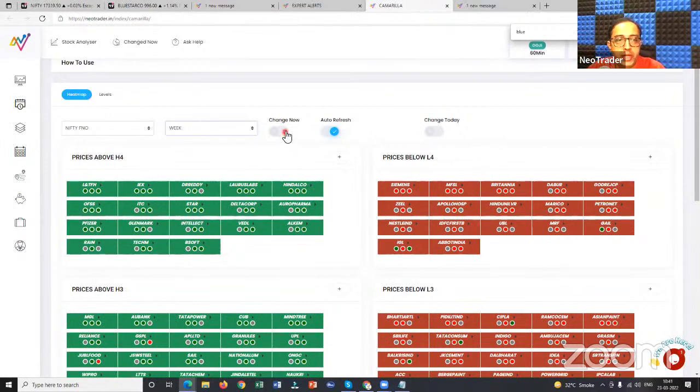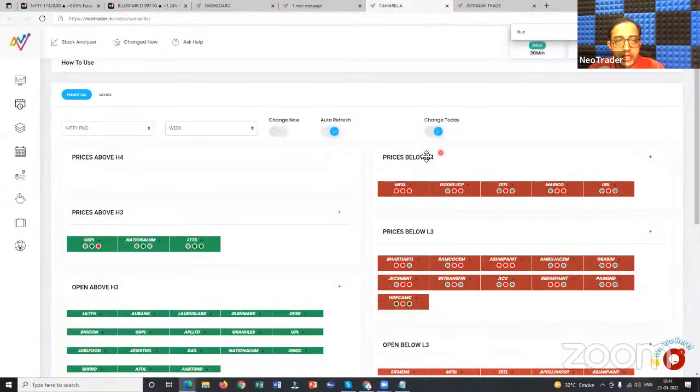Now you want to know what has changed today. These are the stocks that have shown some negativity today, right? So if you want to initiate a fresh positional play, either on a weekly basis or on a monthly basis.